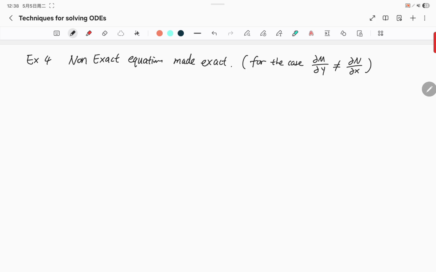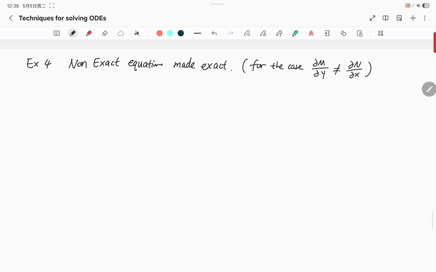We're going to use something similar to the linear equation, I guess. There's something called an integrating factor here. So we're going to use that method again. Let's just jump to the equation right away.